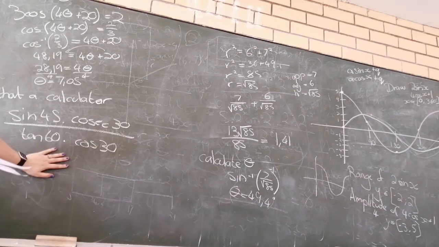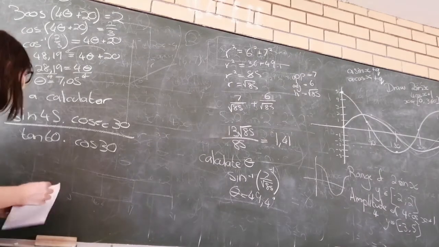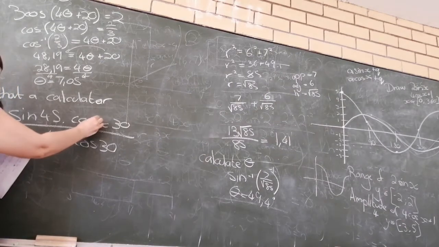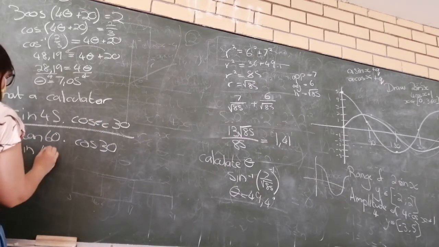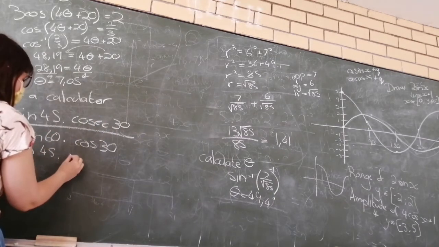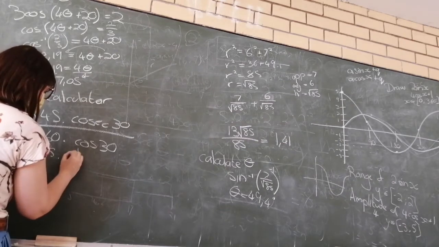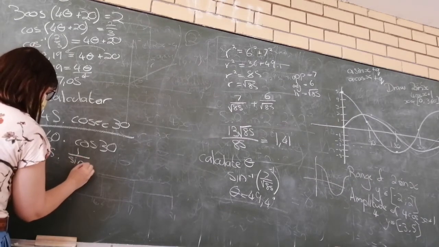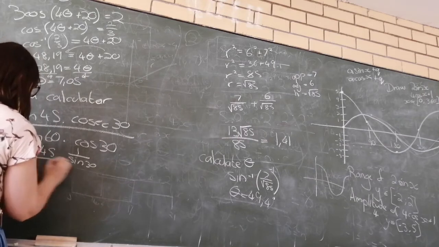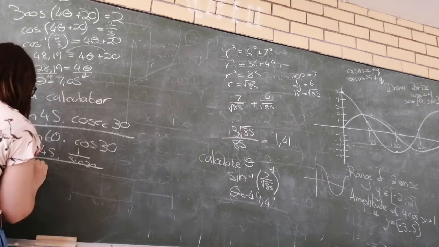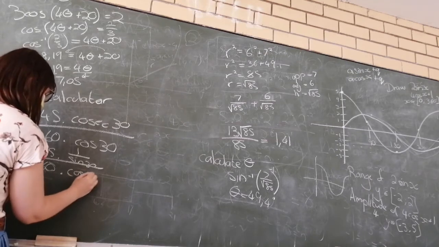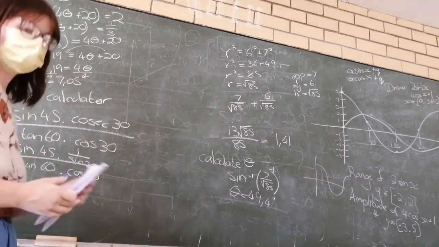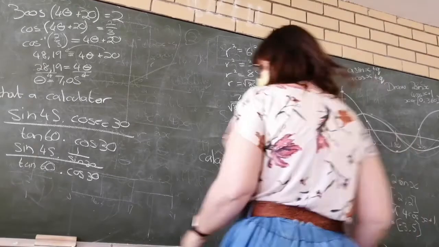My first step is I take my cosec and convert it into something I can use. So it'll be sine 45 times 1 over sine 30, over tan 60 times cos 30. Now I plug each of these ratios into my calculator separately.